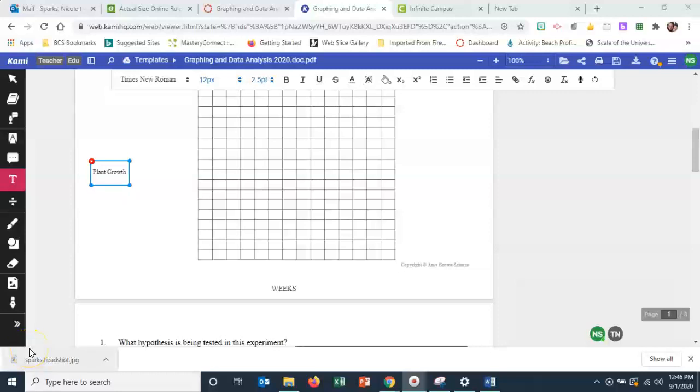This is Miss Sparks, and I wanted to walk you through how to set up a graph using Kami. Kami is great for just an overlay of an activity, and lots of times in this class we will be graphing, so I wanted to walk you through what that looks like.